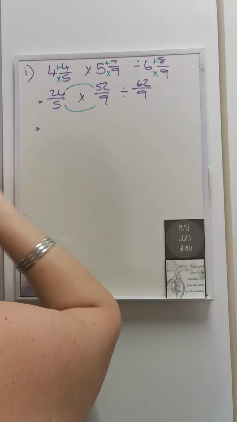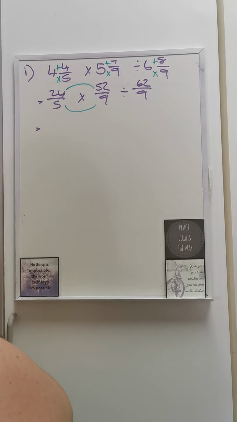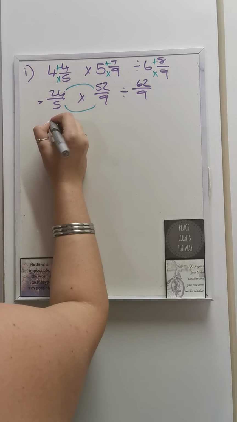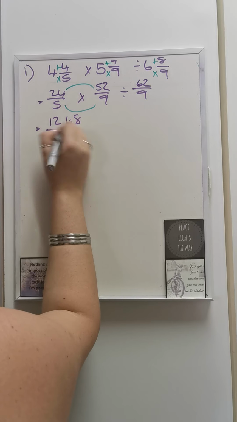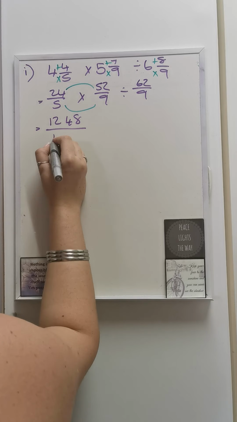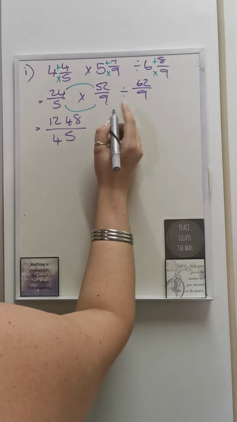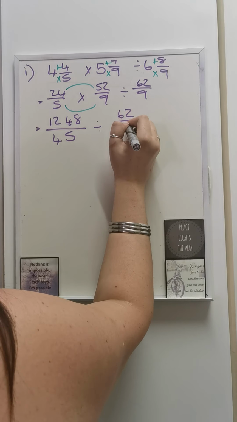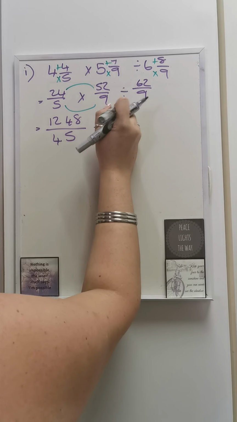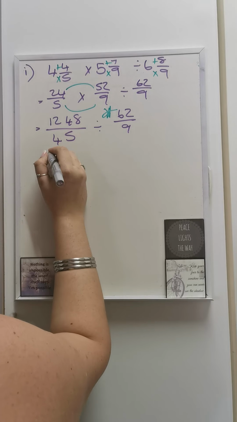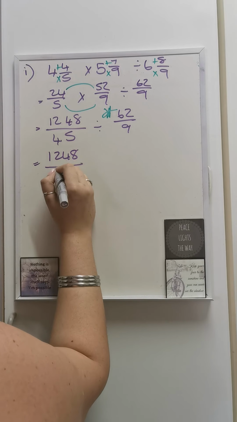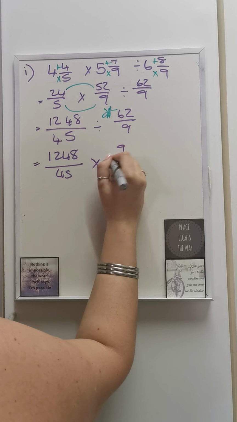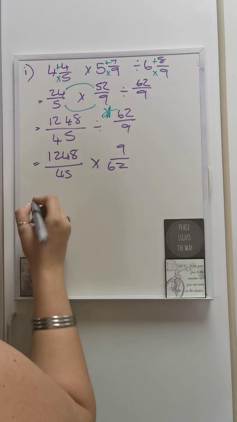Again, now I've got times here. So 24 times 52 gives you 1,248 over 5 times 9 is 45, divided by 62 over 9. Divide tells me something's going to happen. So it's going to be 1248 over 45 times 9 over 62.